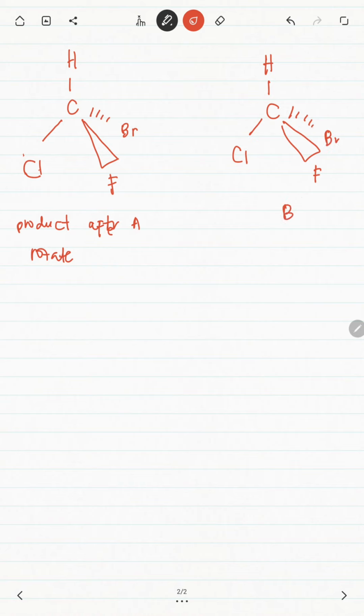When we compare A and B together, we can make a conclusion.